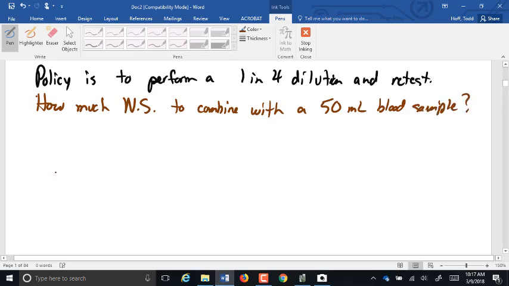So that's the first question. Then after we retest, and because we only got a couple of minutes left here, I'm going to abbreviate a little bit. We retest to get a reading of 204 milligrams per deciliter. We want to know what is the true reading or true level.